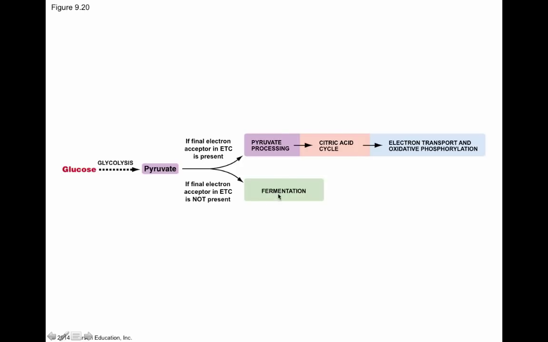However, it is beneficial if it allows you to survive in an anoxic environment. Or it is beneficial to allow you to keep exercising, especially in exercises that would require so much power and such a burst of ATP that there's no way you could deliver the oxygen in time, in the right quantities. That's when fermentation comes in.